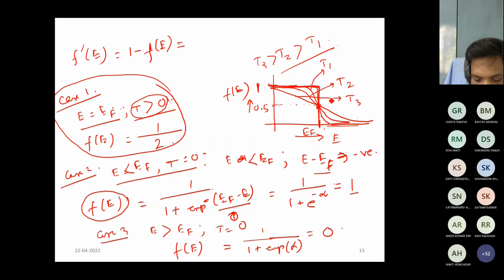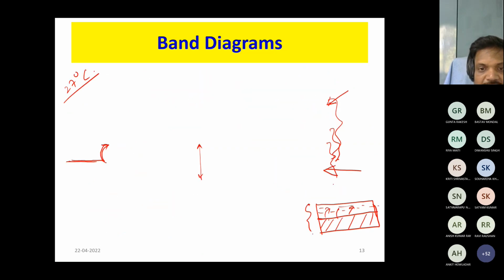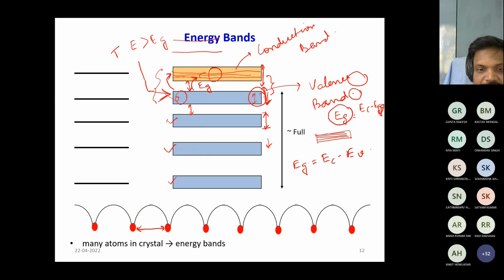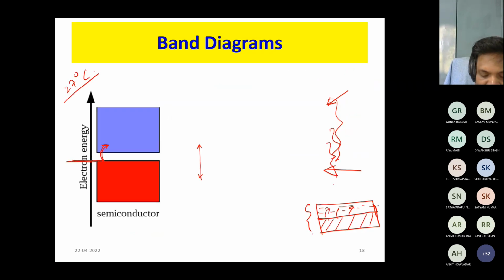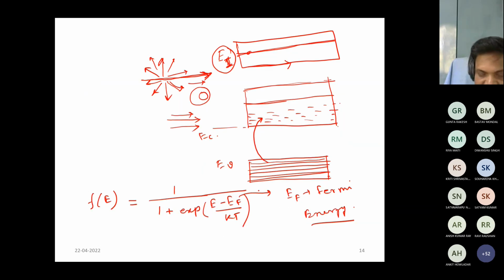That means, if I go to the previous slide, whenever an electron jumps to the conduction band, a gap is created in the valence band. One vacancy is created. This is the valence band, this is the conduction band. If the electron jumps from the valence band to the conduction band, some vacant state is created.